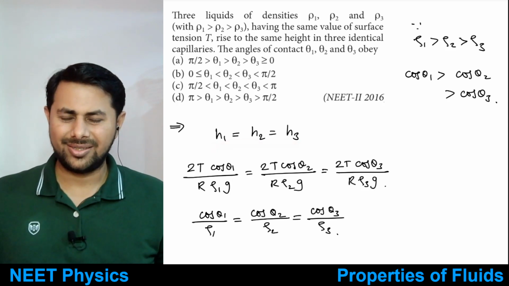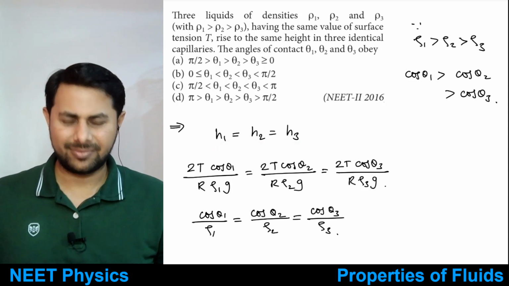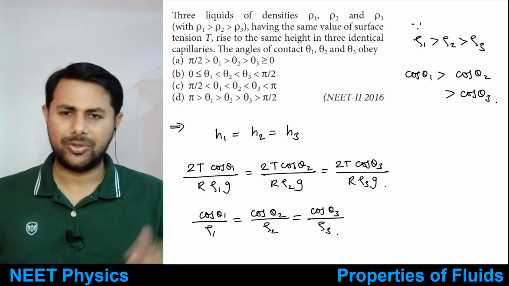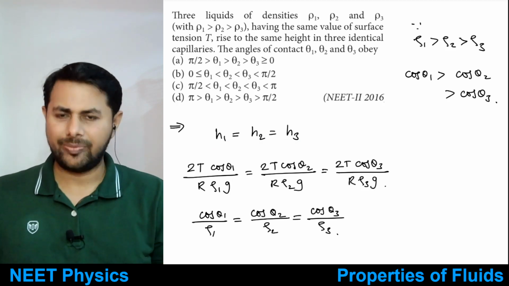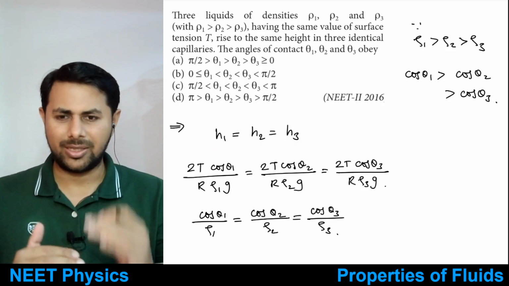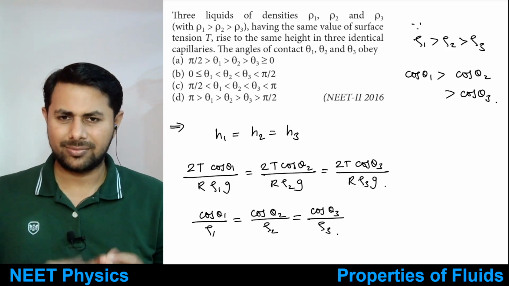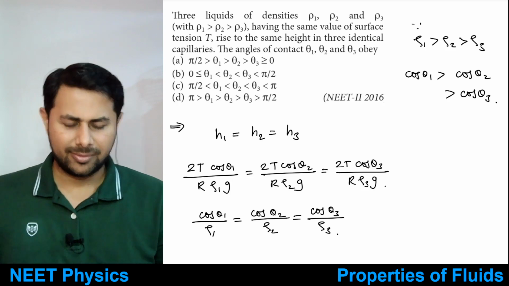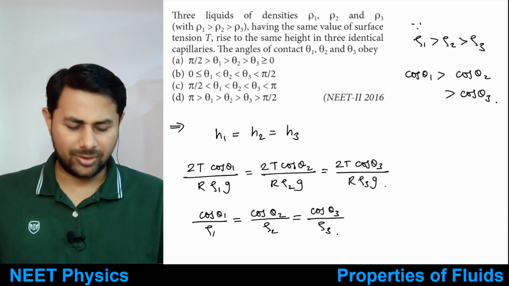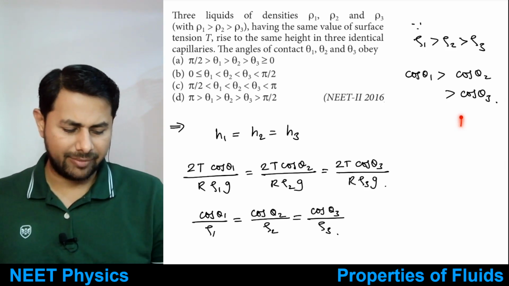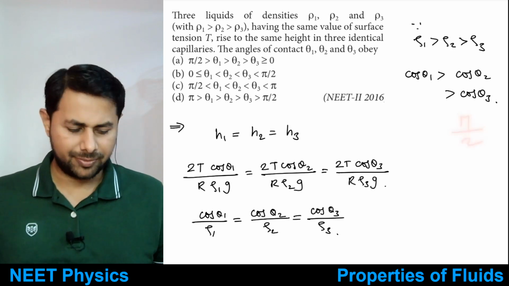This thing is clear, everyone? If you take obtuse angle, then what would be the height? It would be positive or negative. Liquid will rise or fall. It will fall.